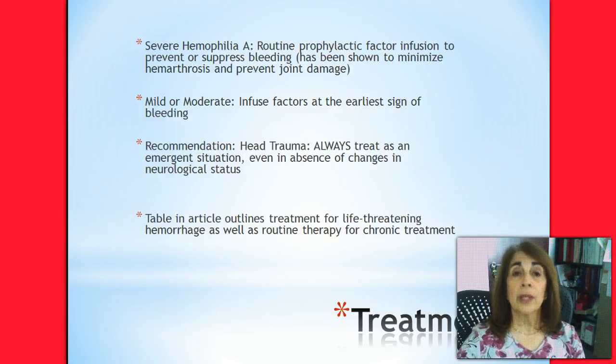But you will be evaluating these patients routinely, and you're probably going to be the first person they call if there's hemorrhaging. And so it's good that you familiarize yourself with the recommendations if you have these patients in your practice.